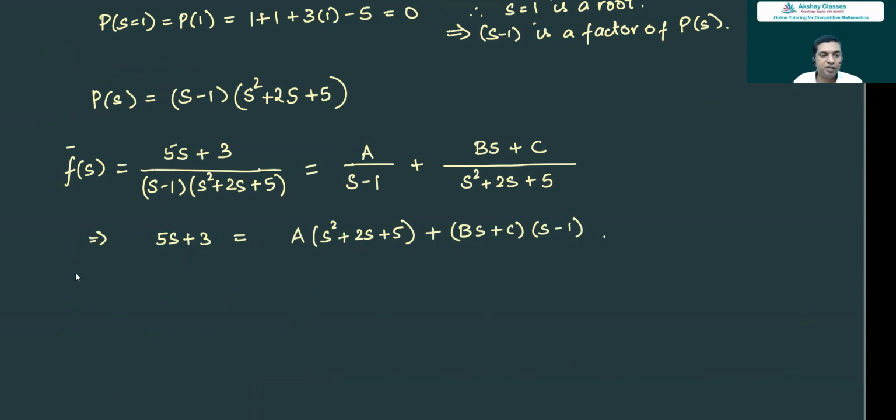So 3 conditions. First one, put s equal to 1. If you put s equal to 1, the b plus c term times 0 vanishes. So the left hand side is 5 plus 3, 8, equal to a into 1 square plus 2 into 1 plus 5.